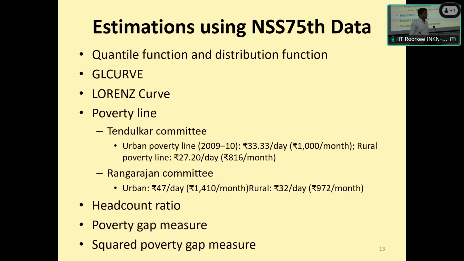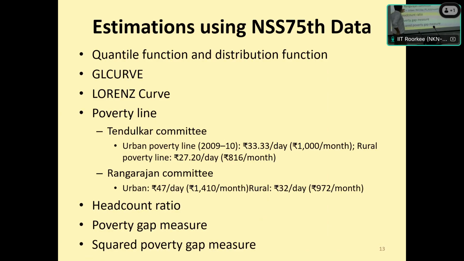So now, over the last almost 2 days, many concepts related to poverty were discussed by Professor Soman. He has already discussed a bit about quantile functions, distribution functions, then the generalized Lorenz curve, then the Lorenz curve. Then he also talked in detail about the poverty line.